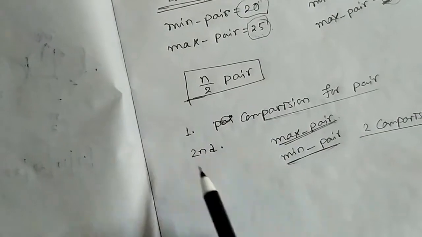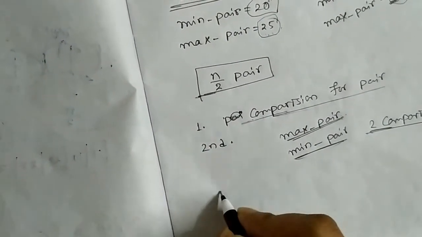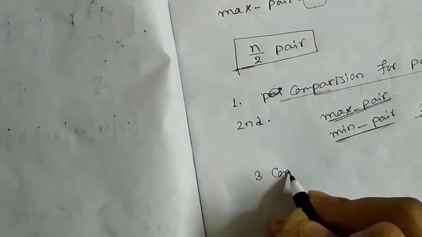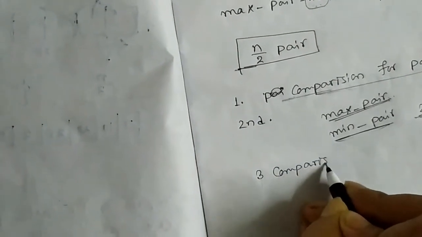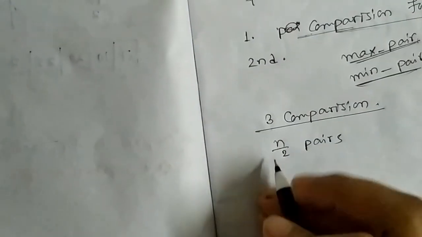So for any pair I need a total of 1 here and 2 here. So for every pair I need 3 comparisons. I have n by 2 pairs. So I need 3n by 2 comparisons.